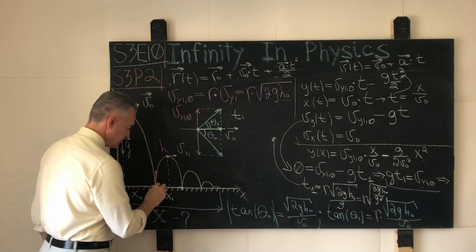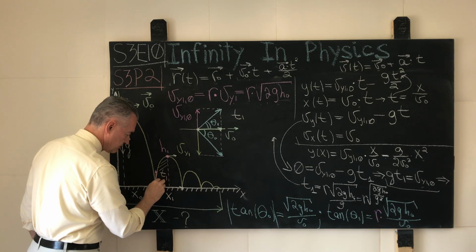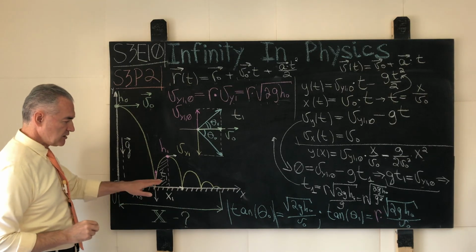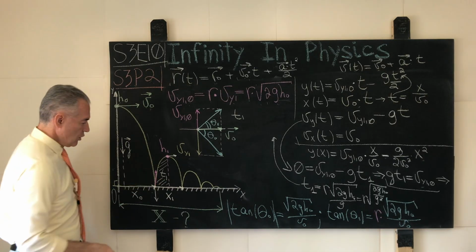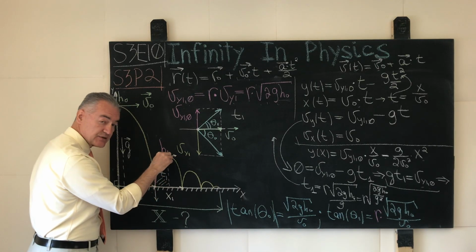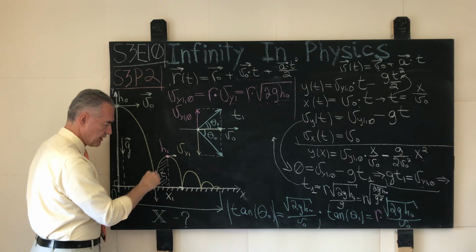T1, this is the time. I'll write it down right here. Let's agree for the designation. The time t1, lowercase t1, will be the time that it takes the chicken to climb to the highest point of the parabolic trajectory after the first bounce right here.